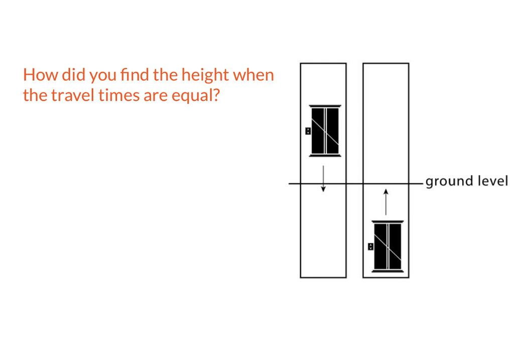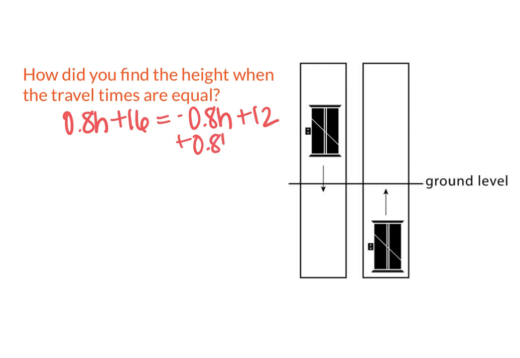So let's do that. So we know that for elevator A, we have 8/10 h plus 16, and elevator B is negative 8/10 h plus 12. So we're going to solve for h. I'm going to start by adding 8/10 h to both sides.